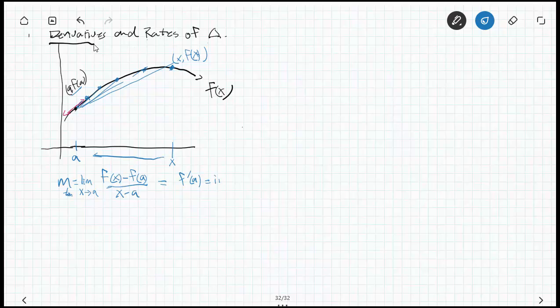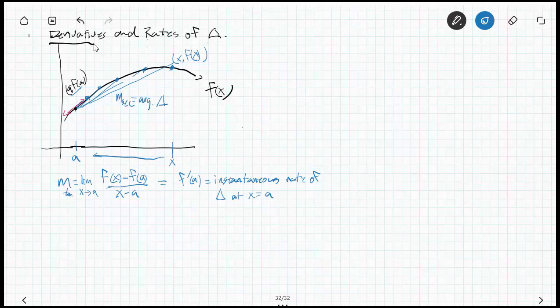And it's also the instantaneous rate of change at x equals a. Now, if you recall, when we found the slope of the secant, this was the average change from a to x, average change. All right? Wow, that's super powerful. We've got a lot going on here.